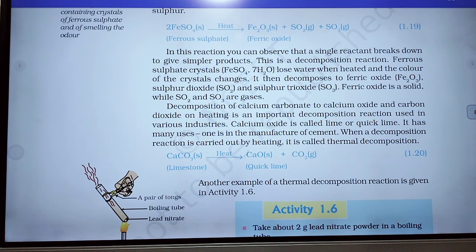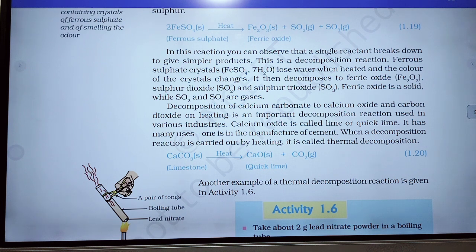You can observe that a single reactant breaks down to give simpler products. The reaction given is 2FeSO4 on the reactant side, and ferric oxide on the product side. So a single reactant breaks into simpler forms. This is a decomposition reaction.